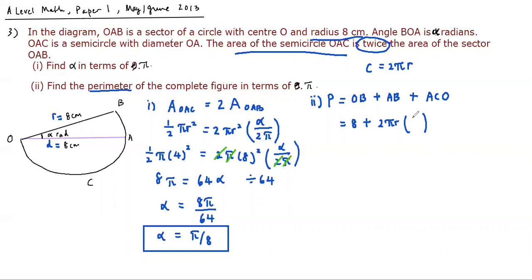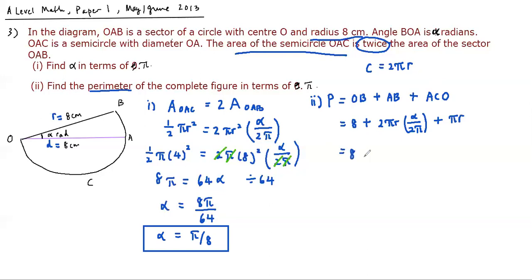That will give you the ratio of the central angle. ACO is the circumference of half a circle. That is given by pi r.